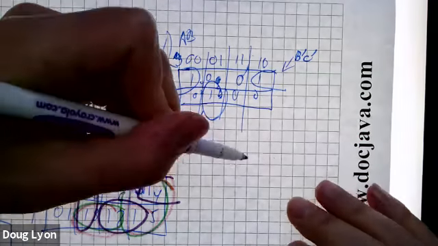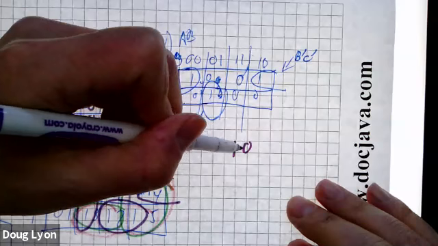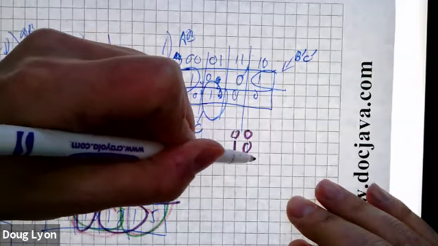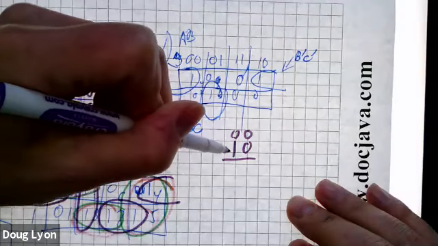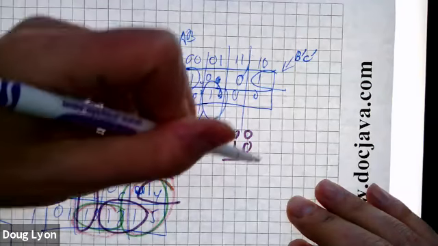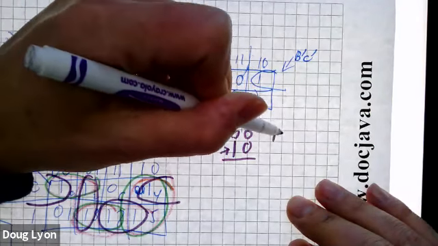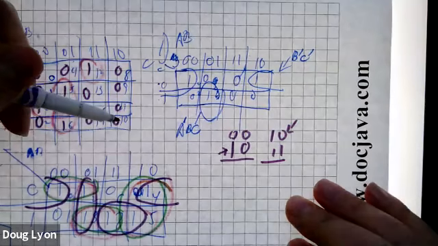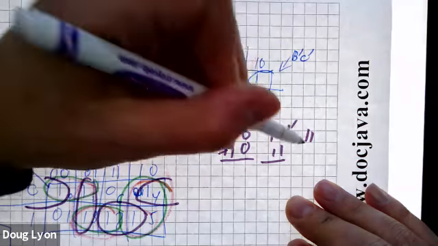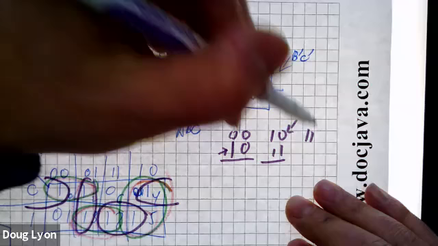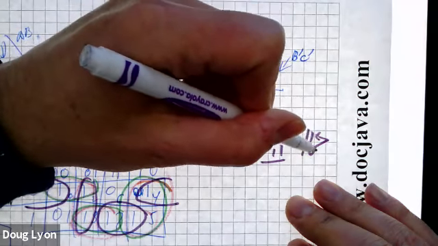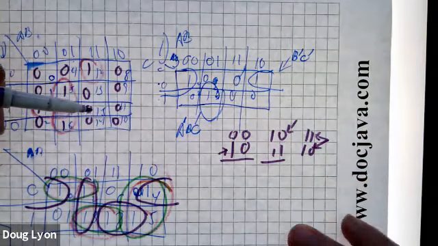What's the difference? Well, let's see. 0, 0 to 0, 1. There's only one bit of difference. From 1, 0 to 1, 1, there's only one bit of difference. From 1, 1 to 1, 0, there's only one bit of difference. Why is that?